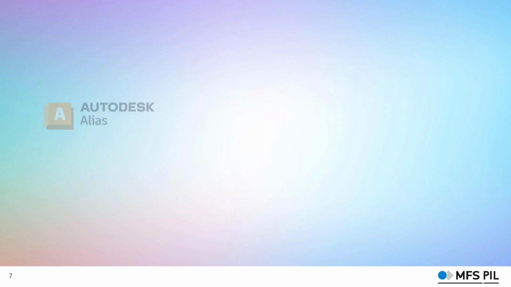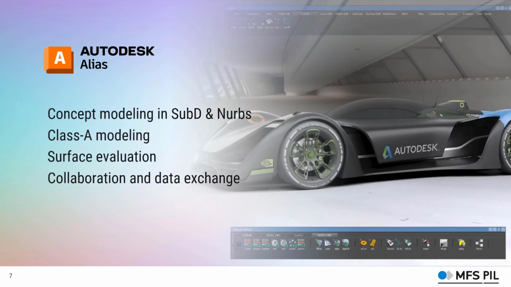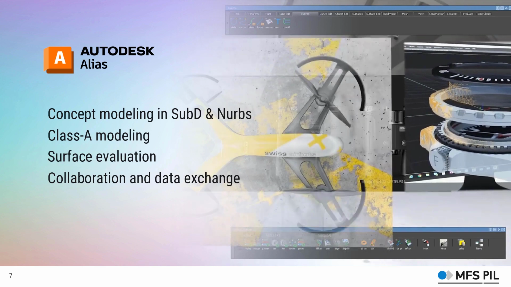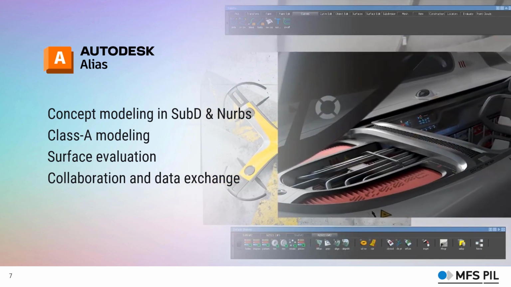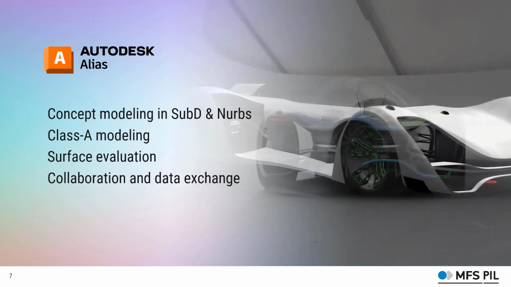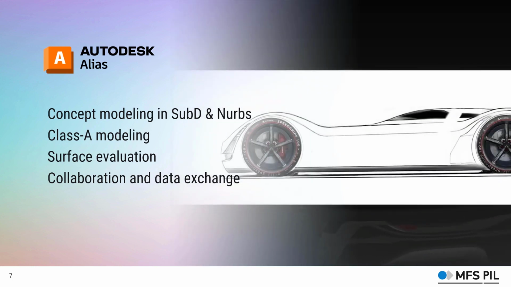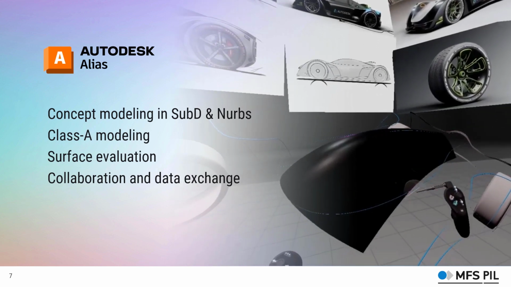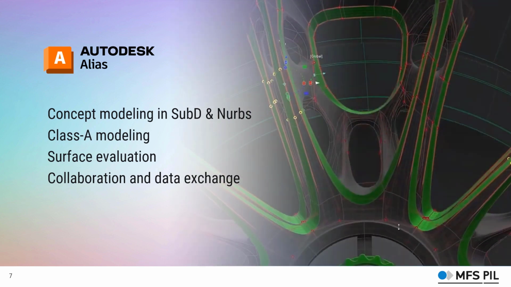And I know much more about Alias. Alias is a surfacing software to make beautiful shapes, and basically it covers the main two parts of the workflow in design: concept modeling and class A modeling.